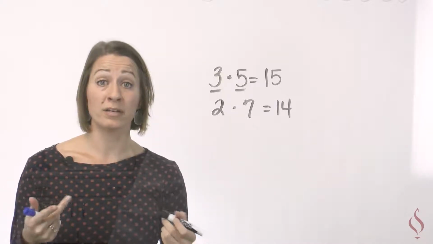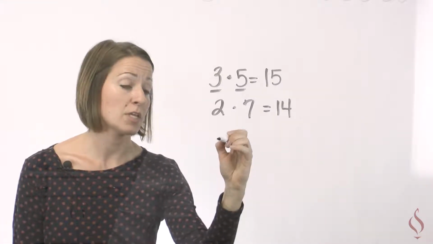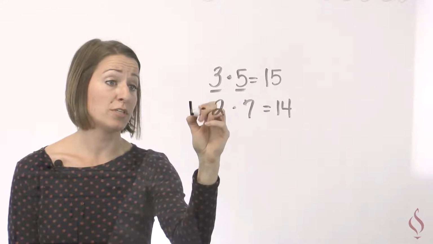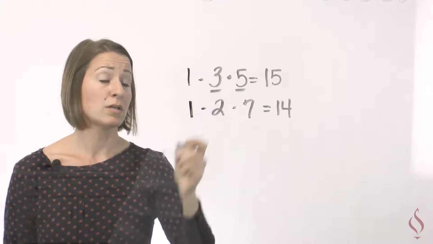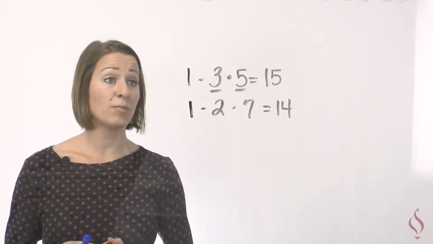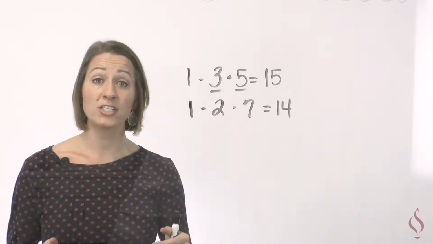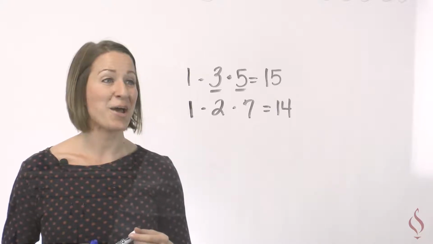That number is 1. I can multiply both of these by 1. When you multiply by 1, it doesn't change the value of the problem. And so even though 1 is not always listed as a factor, it's always there.